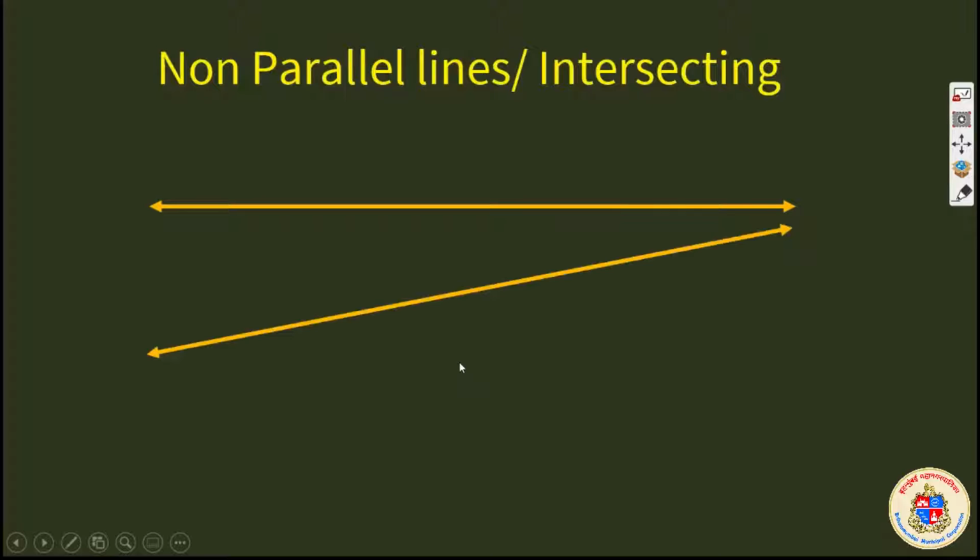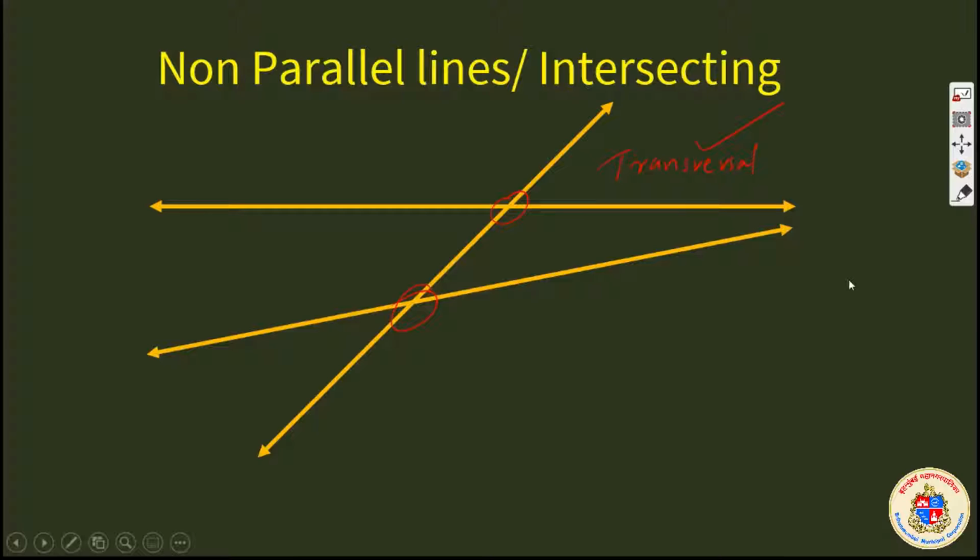And if you think about this kind of non-parallel intersecting lines, and think about a line across it, further intersecting them, we named such lines as transversal. Transversal will be intersecting minimum two lines. Here it is intersected, here it is intersected. If two lines are there, we will say they are intersecting lines. If a third line comes and intersects both the lines, we have named it as a transversal.